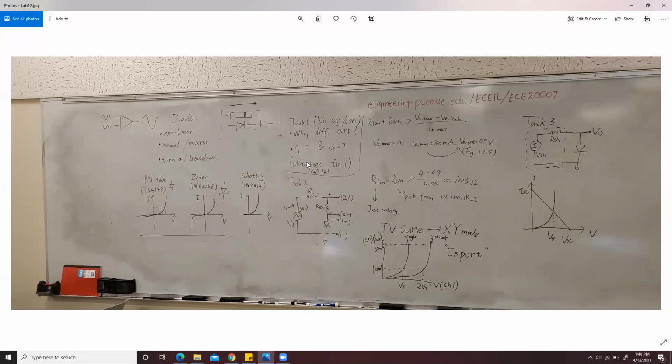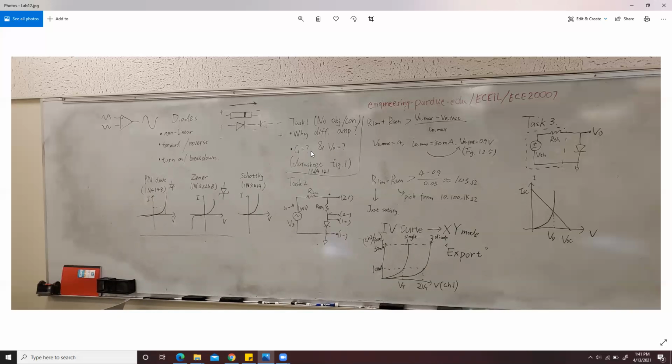In today's lab, you are going to play with these three diodes. They work similarly, but they have different features, like different turn on voltage, and this one has a reverse bias current. You will find out what the differences are when you do the lab.